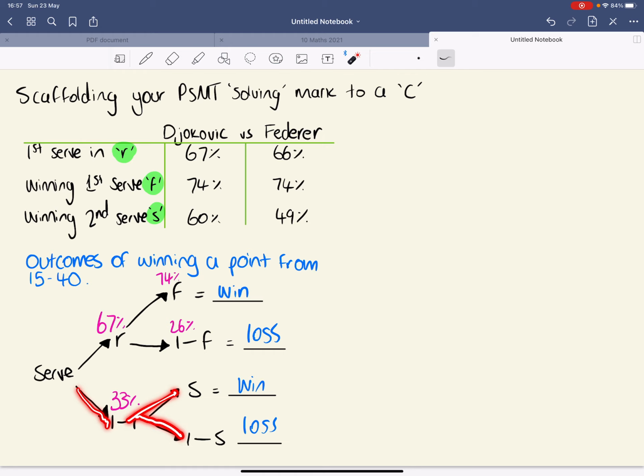Let's apply the probability there. So have a look. Winning from second serve, he wins 60% of the time. So that's that position there. 60%. And what's left over, not winning from his second serve, would be 40%.